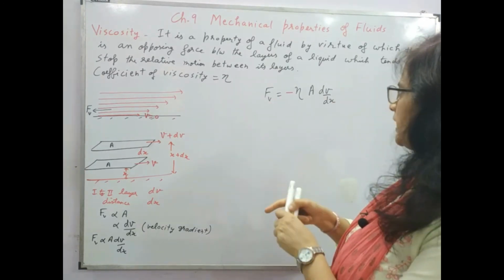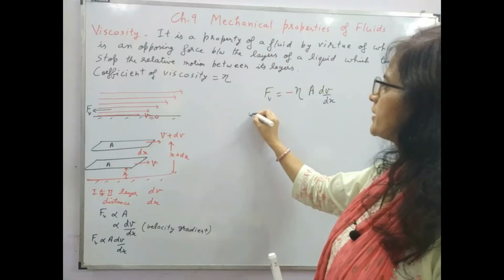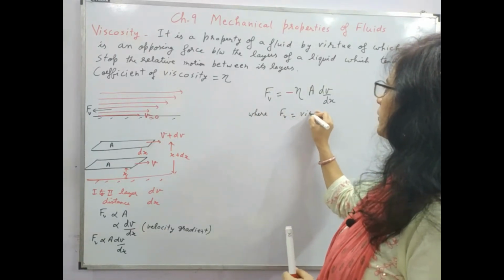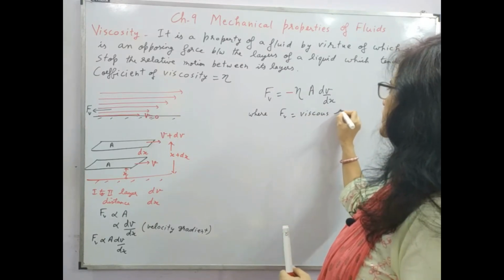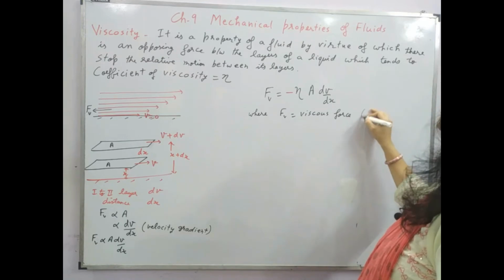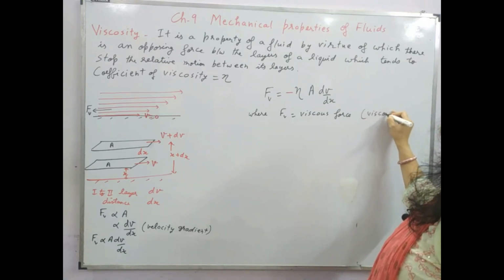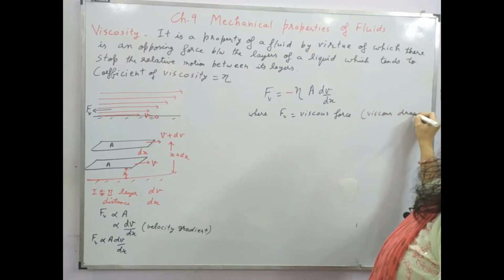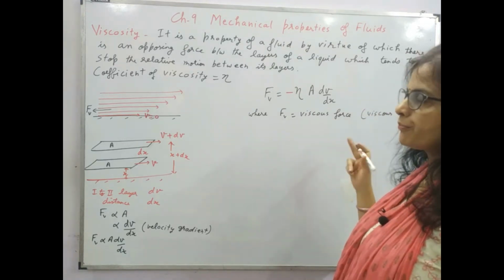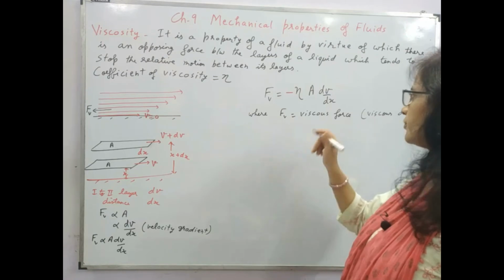So I'll just mention the meaning of the terms. Fv is the viscous force. This is also called viscous drag because it opposes the direction of motion of the layers. It tries to oppose the motion of the fluid.